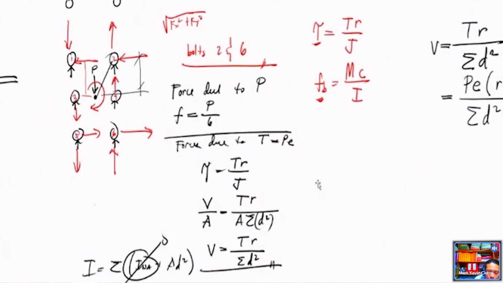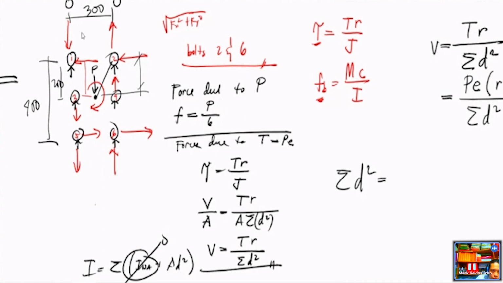So your summation of d squared is equal to, for the sake of discussion, say this is 300 and this one is 400. So half is 200, and here it is 150.